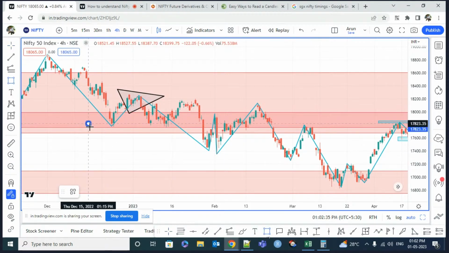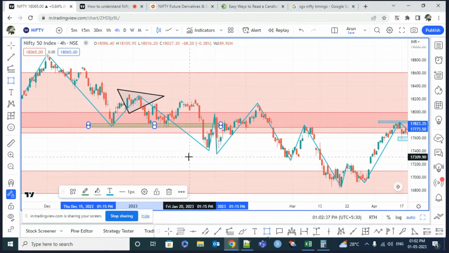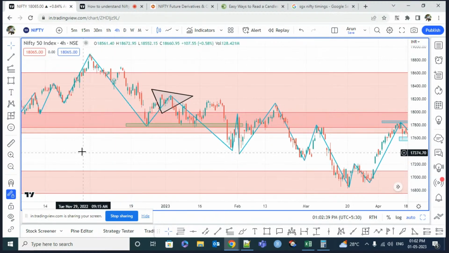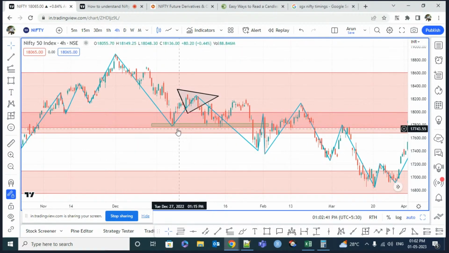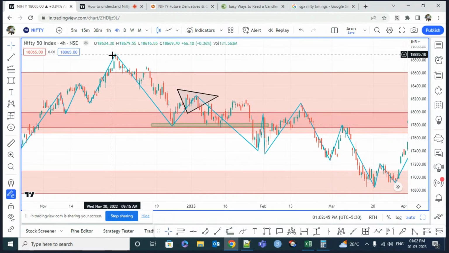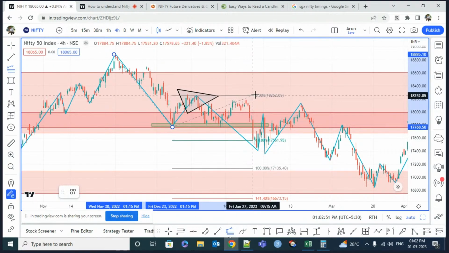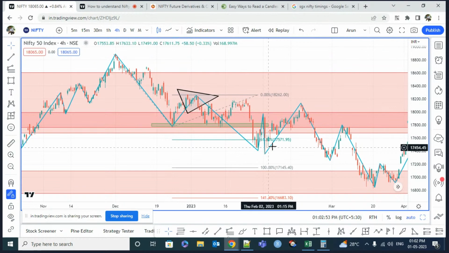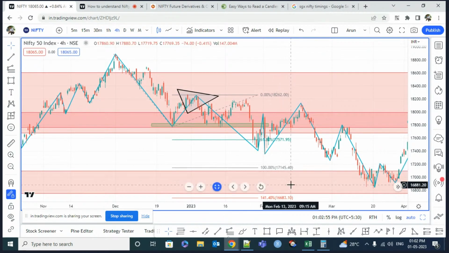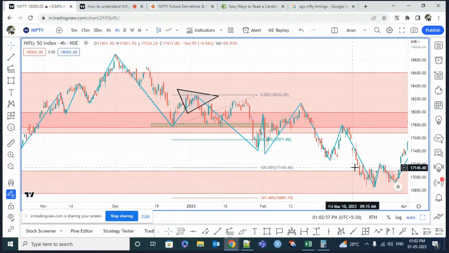So this would be your support zone here for this swing. Fine. So this is the lower low, then this is the lower high, this is your zone. But whereas the target of this one here, let me draw. So this is my first target and this is my second target. Which took big time to reach here, and then this is another time to reach here.